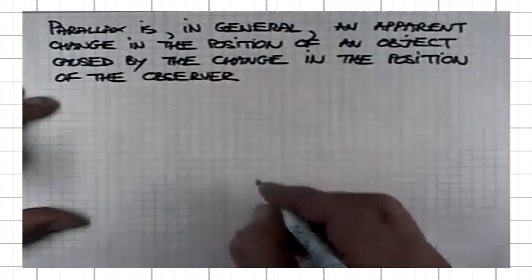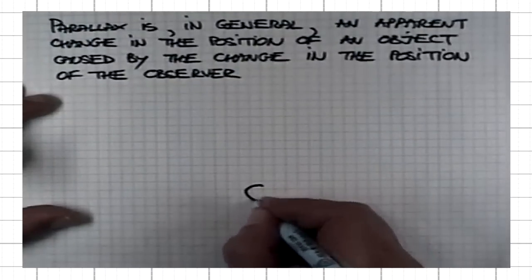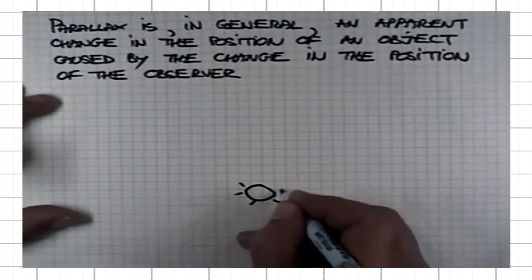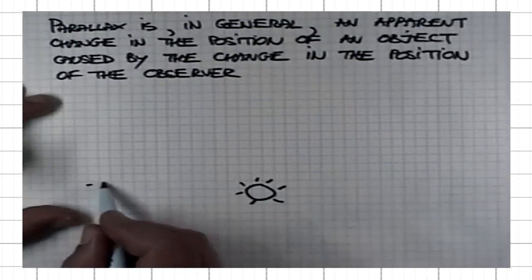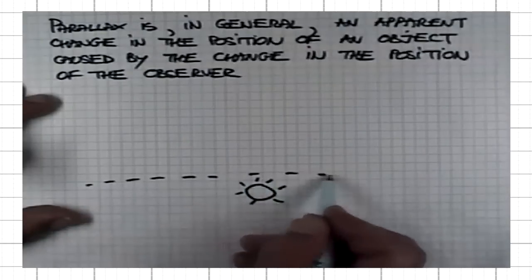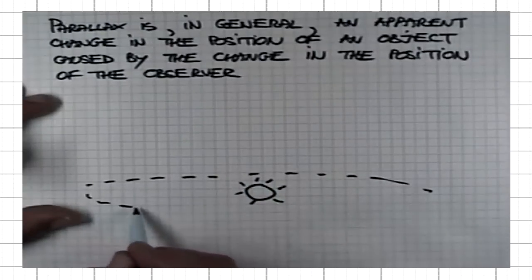Okay, so to reproduce the diagram that I showed you, here is the Sun, and in the heliocentric model, the Earth is revolving around the Sun.